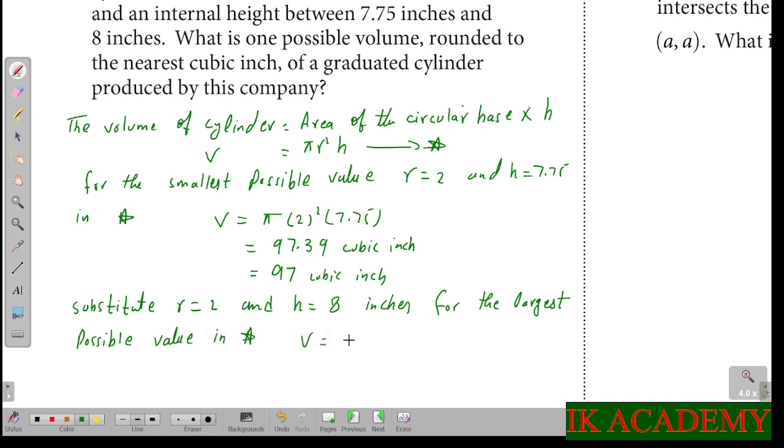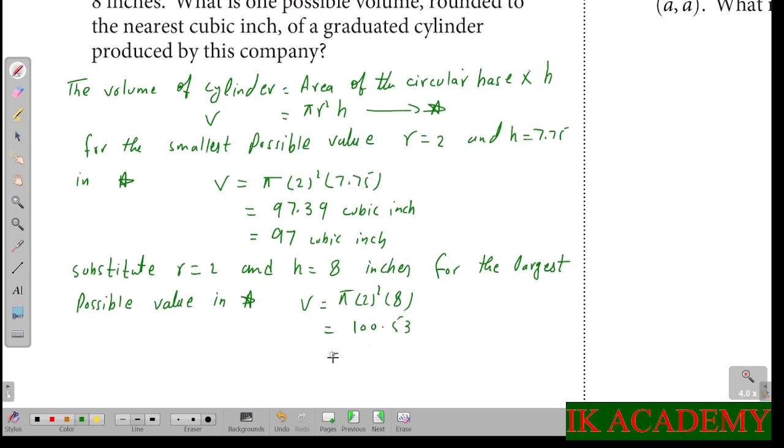So V is equal to pi, r will be the same, 2 squared, and h is equal to 8. If we solve this, we are going to get 100.53 cubic inches, and by taking a round figure we can say 101 cubic inches. So the possible values are from 97 cubic inches to 101 cubic inches.